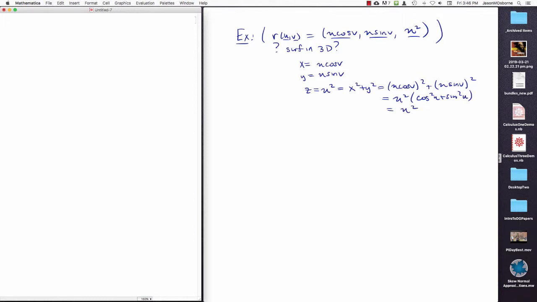So what we are seeing here again is that this is again the paraboloid. But it's the paraboloid in polar coordinates.